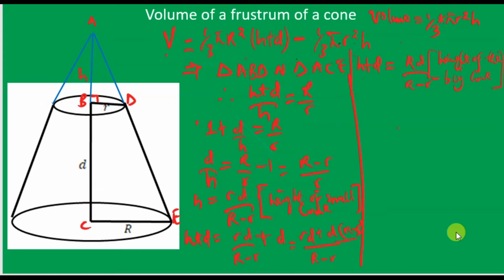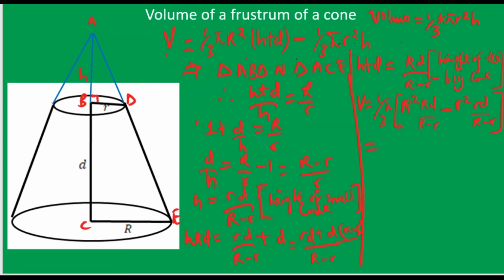Therefore, the volume we are looking for is now, I'll factor out 1 over 3 pi. So remaining R squared times R d over R minus r, minus r squared times r d over R minus r.